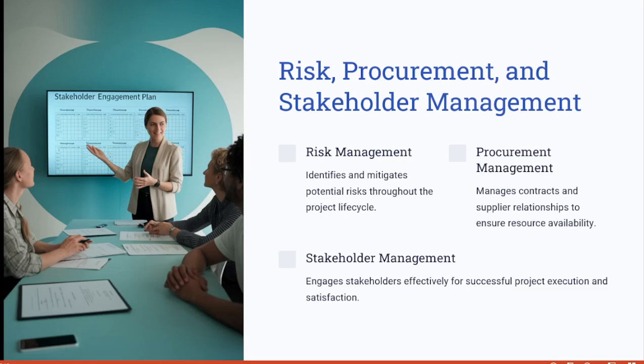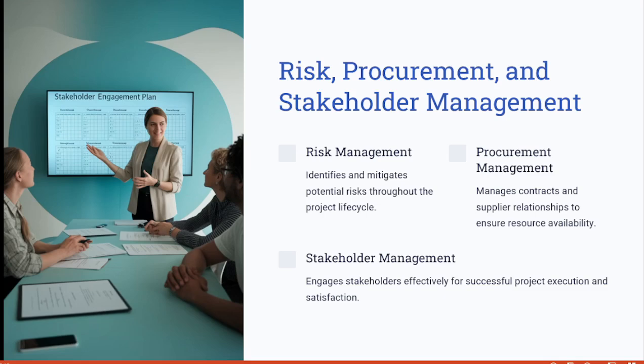Finally, let's talk about risk, procurement, and stakeholder management. Project risk management helps you identify and mitigate potential risks. Project procurement management helps you manage the contracts and the supplier and vendor relationships.